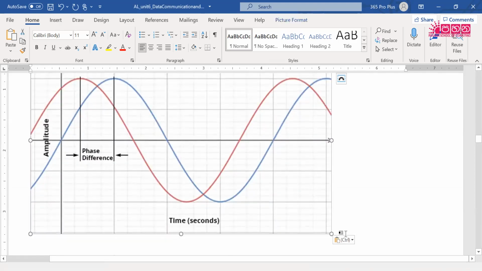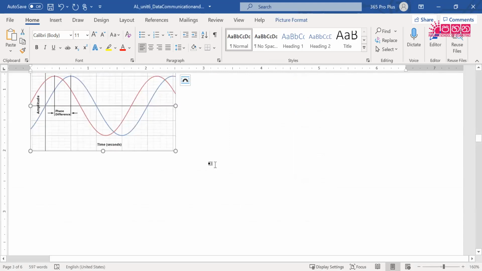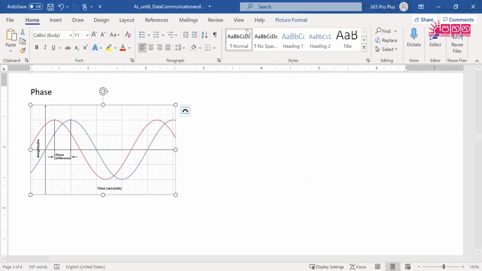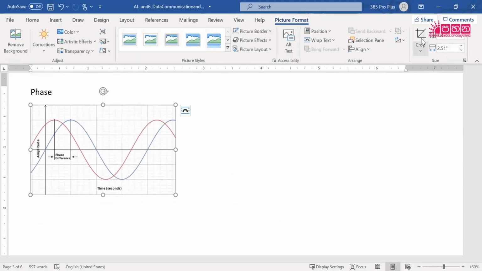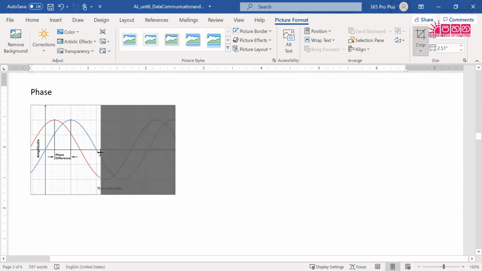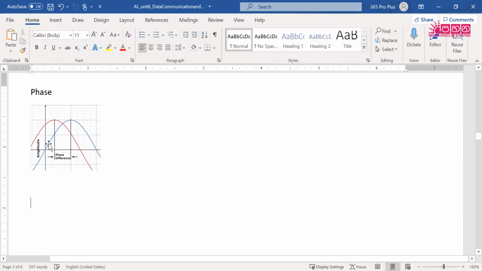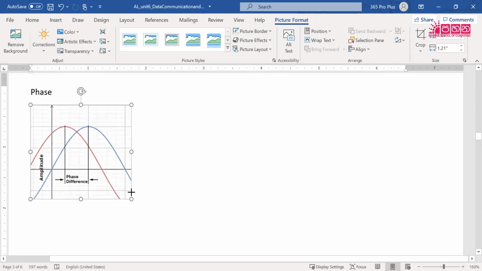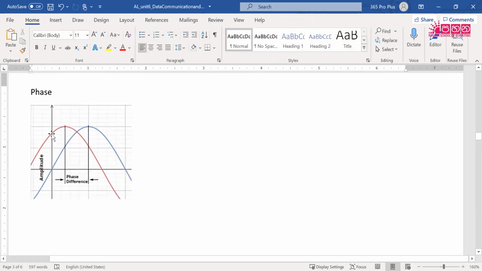Let me make it a bit smaller and remove unnecessary parts. Let's keep this. So two phases. This is one signal, this is another one.